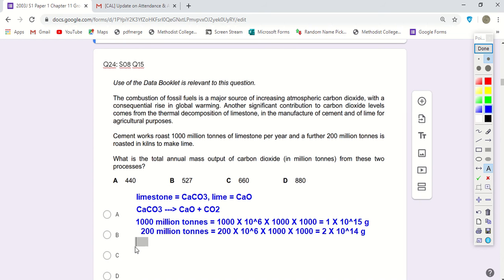So in total, in 1 year, they roast 1 times 10 to the power of 15 plus 2 times 10 to the power of 14, which is 1.2 times 10 to the power of 15 gram of calcium carbonate.